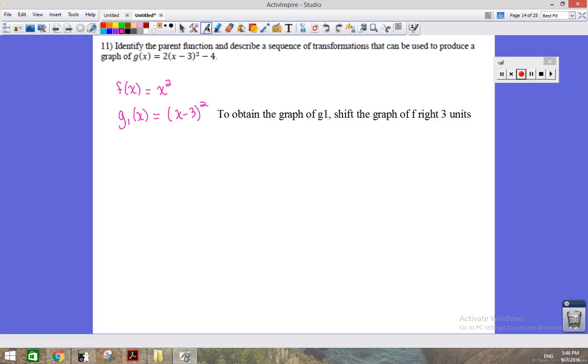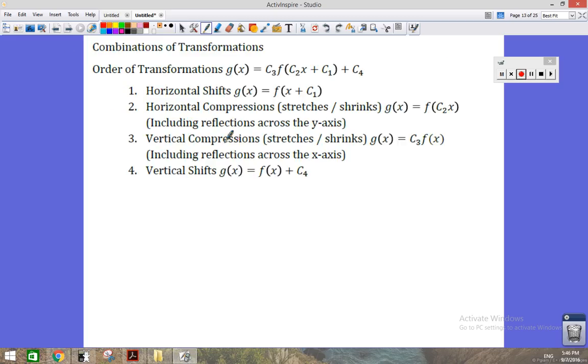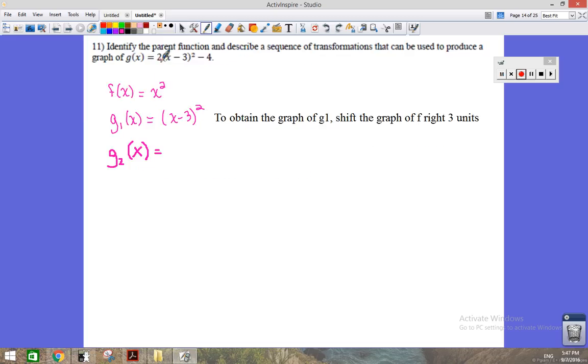Now I need to transform this graph that we call G1 into a graph that I'm going to call G2, just for step 2. And I'm going to again refer back to these vertical stretches or shrinks, and recognize that with 2 times this, you're multiplying the output of what you squared by 2.